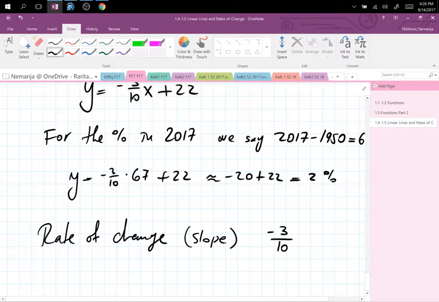Now units for something like this are very important because that's how we understand the word problems. And the units for this would be percent per year. So -3/10% per year.